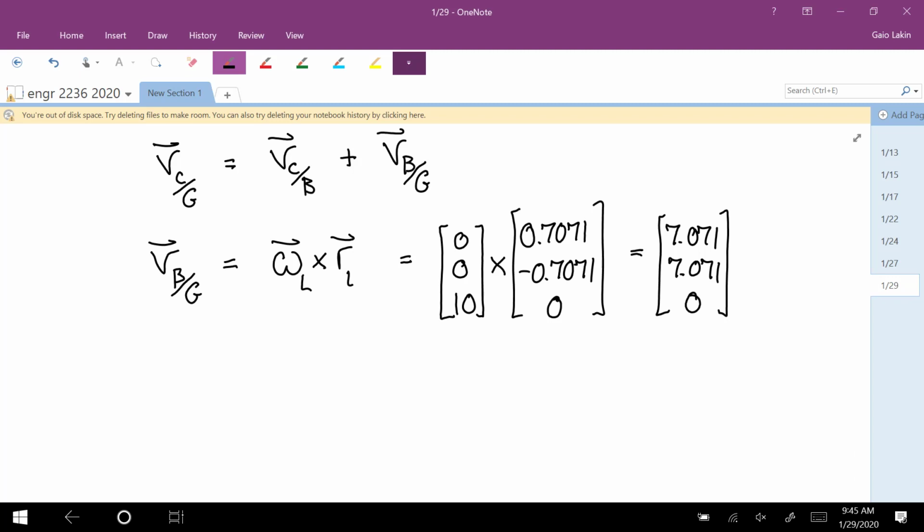Just do the power series to get the cosine and sine. Three terms should be enough. That's an inside joke.